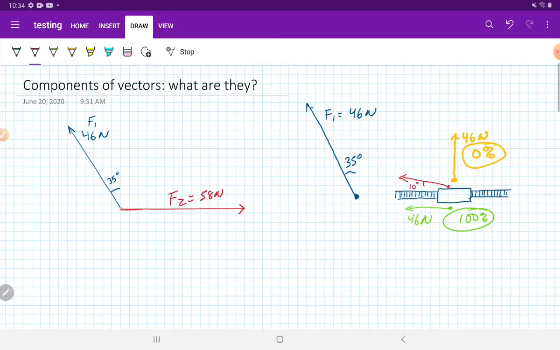I'm wasting some of my force because part of it is pushing upwards. So the percentage would be close to 100%, because it's very close to the X direction. I don't know exactly what it would be, but let's say I'm inventing this: 95% of my force is actually pushing along the tracks.